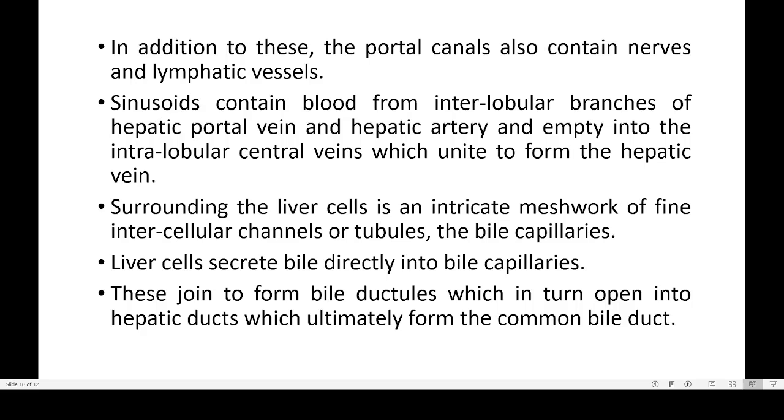Then another feature is that sinusoids containing blood from intralobular branches of the hepatic portal vein and hepatic artery are emptying into intralobular central veins which unite to form the hepatic vein.